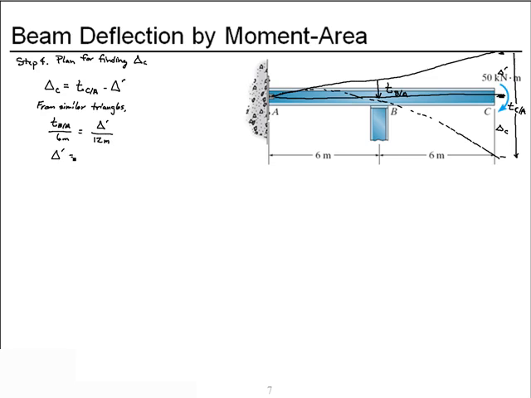So delta prime is twice the vertical deviation from the tangent at point A to the deflected shape at point B. So we're going to get the vertical deflection at C from the vertical deviation of C relative to A minus 2 times the vertical deviation of B relative to A.